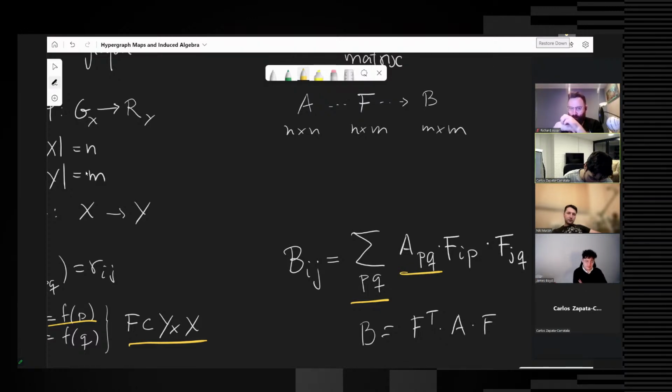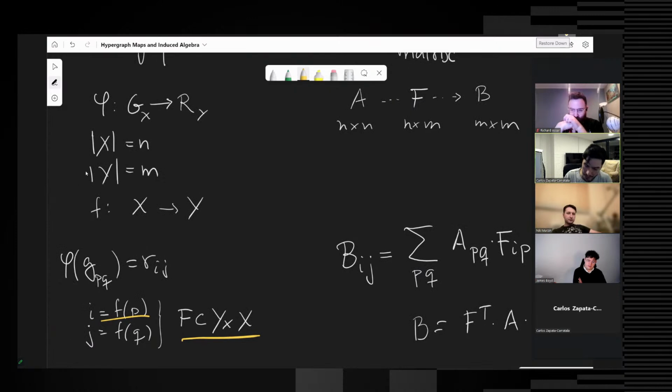And then what you're going to do is say, well, are these edges being mapped into the ones that I'm specifically asking for, which is i and j? That means that i gets sent to P and j gets sent to Q, right? So that's why I put this here, which is "and".